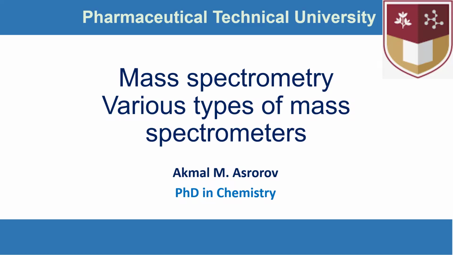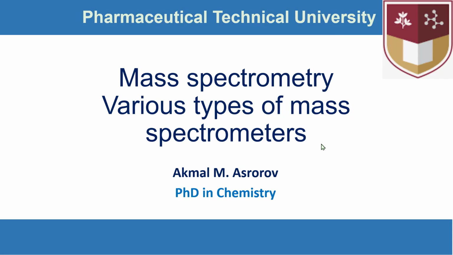In this video lesson, I will deliver some information about hybrid types of mass spectrometers that are widely used in practice. Some mass spectral analysis of biomacromolecules, biomolecules, and low molecular compounds are discussed at the end of the lecture.